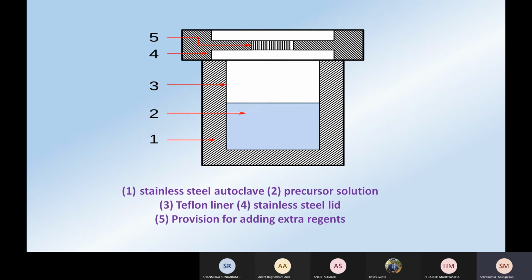Or there will be no changes in the energy. So since everything is in a very closed condition, the environment, the results will be pretty much homogeneous. That means the particle size or the distribution will be very uniform, and the morphology also is going to be in a very controlled way, because the pressure, or the temperature, I mean the heat, is going to be uniform throughout this container.